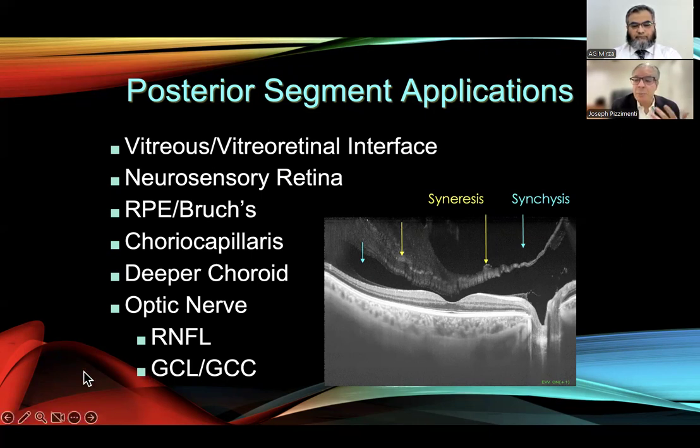And this is just posterior segment OCT. Nowadays, anterior segment OCT is getting better and better as well.